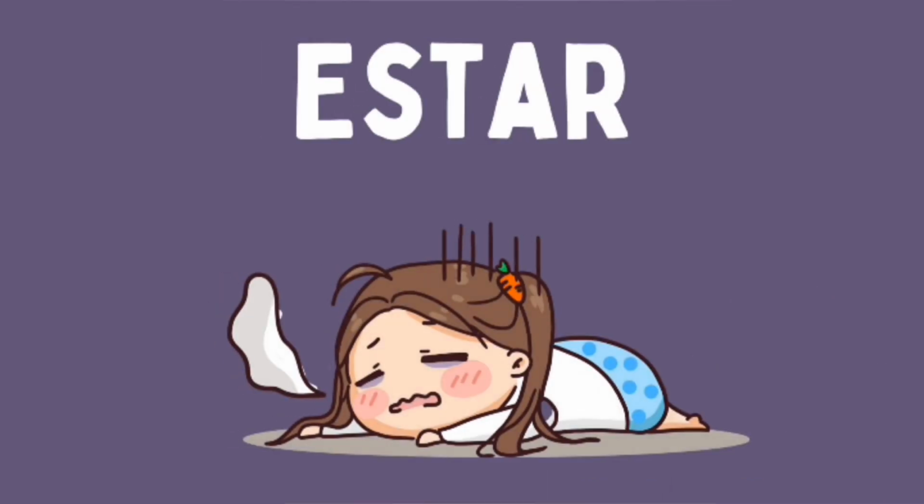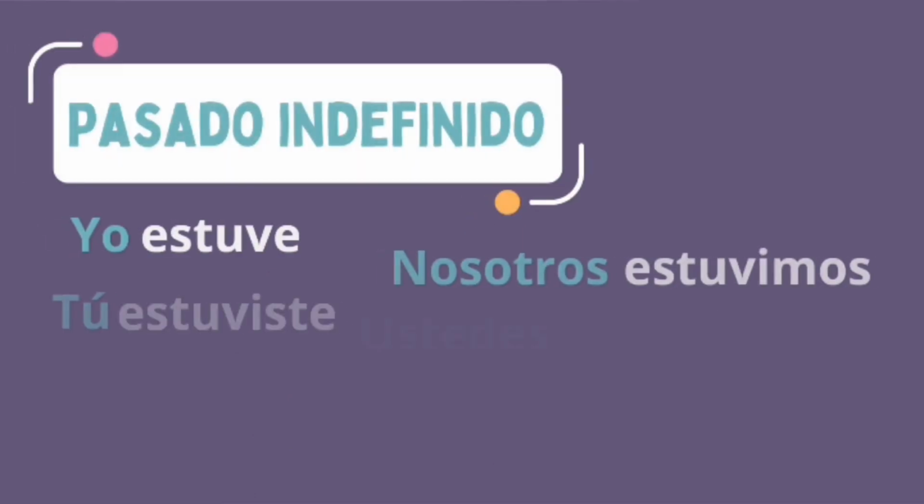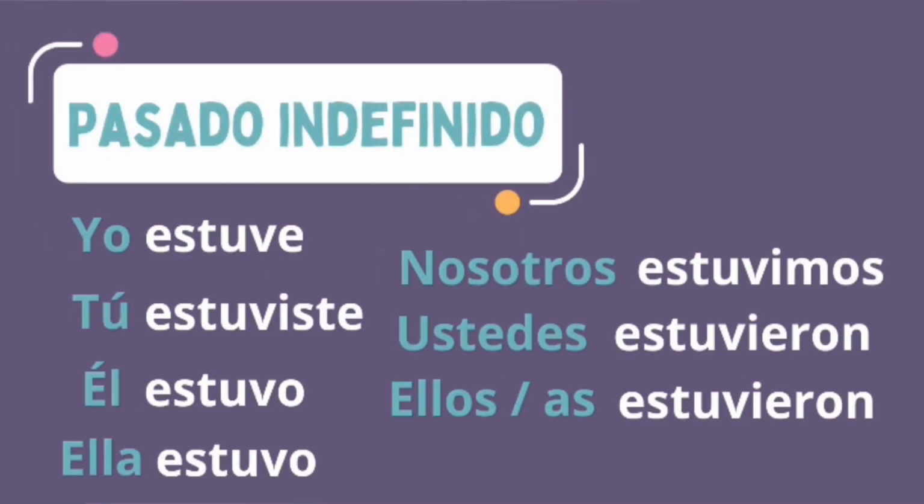And now, let's see how you have to conjugate this verb, also the verb to be, but in the form estar. Remember, the verb to be in Spanish means ser or estar. And in this way, estar, this is the way you have to conjugate it, okay? So if you're talking about the indefinite past of this verb, estar, the conjugation of this verb in this form, the indefinite past, is like this.